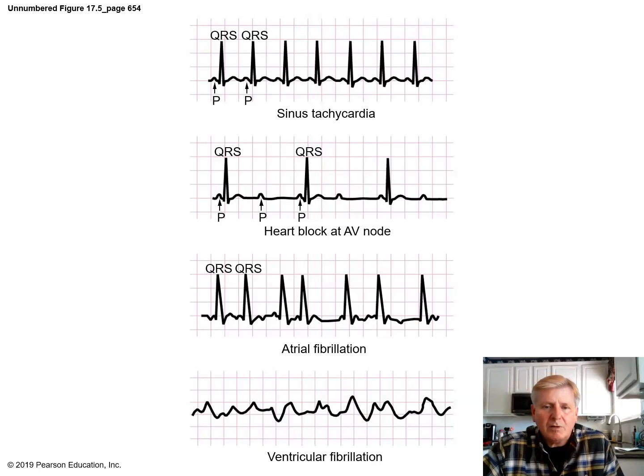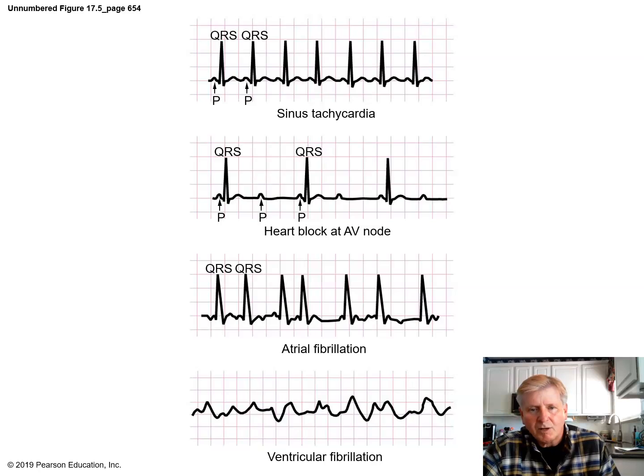Okay, another cardiac arrhythmia is when you get delay of the conduction impulse, either from disease or blocked vessels that interfere with the conduction system. But in this situation, you have a heart block at the AV node. So what you have is a P wave followed by a QRS wave, where that represents atrial depolarization and ventricular depolarization.